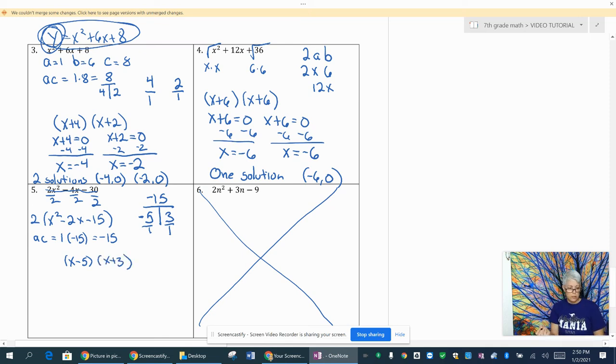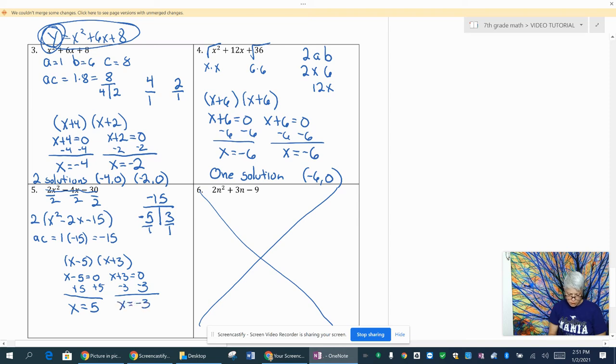There are my factors. Now I'm going to set both of them to 0. X minus 5 is 0, x plus 3 is 0. Plus 5, plus 5, minus 3, minus 3. Now you might be asking yourself at this point, what about the 2? Guess what?